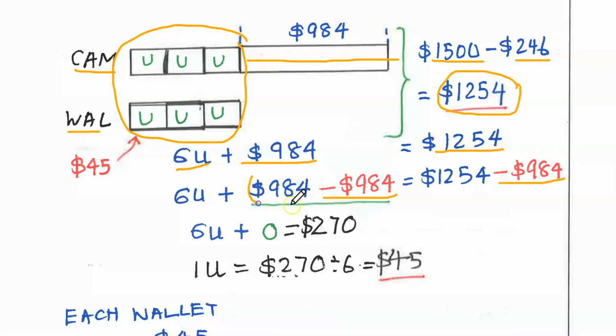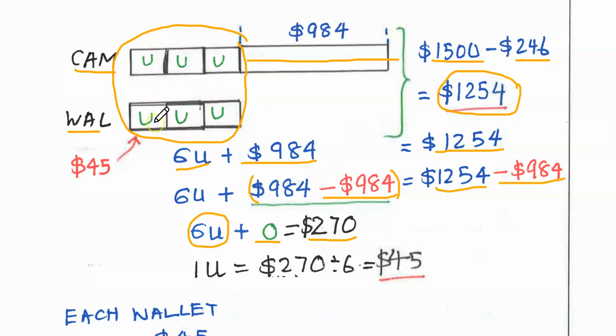Why am I doing this? So that 6U will be left over here and add 0. While if I take 1254 take away 984, I should have 270. 6U is 270. Look here, these 6 of these total up is $270.